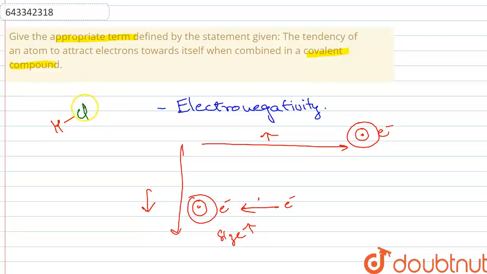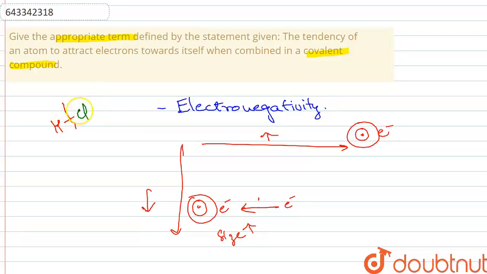Now what is meant by electronegativity is that since chlorine is more electronegative amongst the 2 elements present here, when the bond is cleaved, the chlorine will have the tendency to attract the other electron as well towards itself.